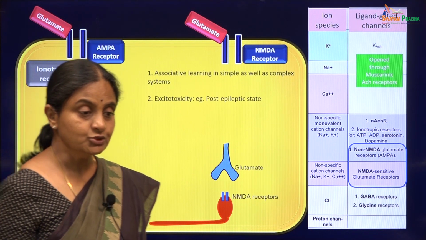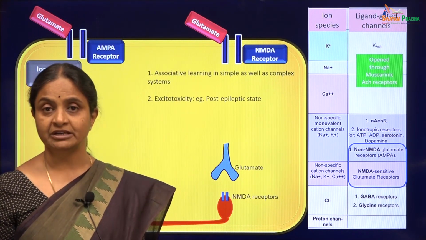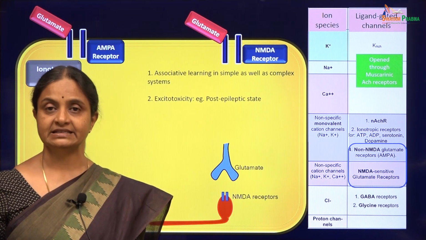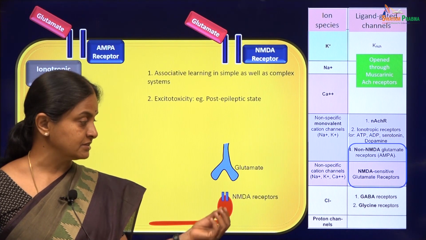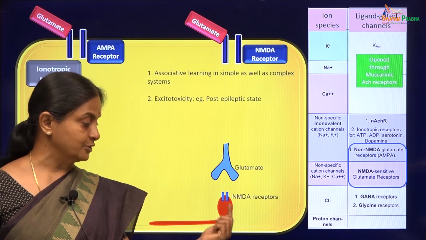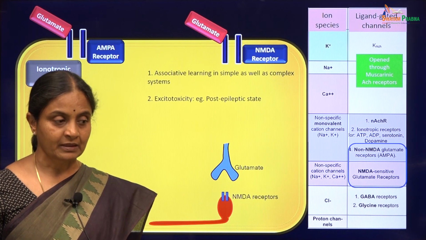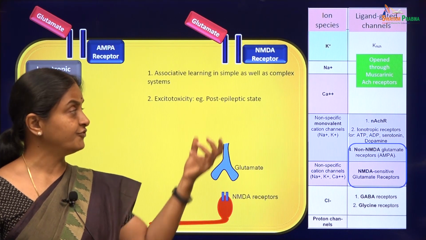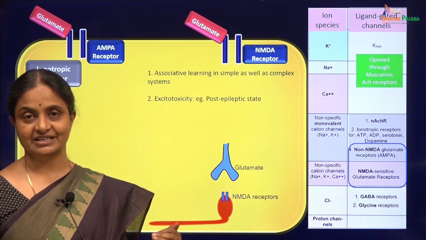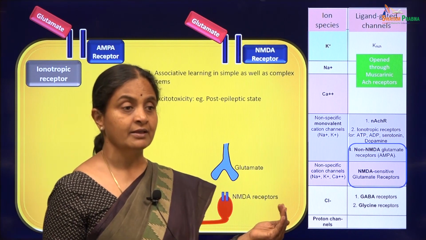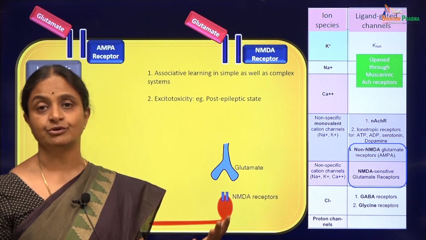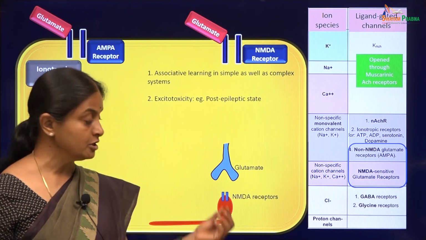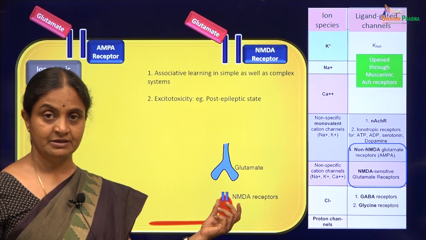NMDA receptors are also implicated in this important phenomenon called excitotoxicity. That is, if a neuron is repeatedly excited and if it has NMDA receptors, there would be calcium entry, and that will cause damage within the cell. These kinds of repeated excitations occur, for example, during epilepsy. In the post-epileptic state, there could be continuing neuronal injury, because of increased calcium within the postsynaptic neuron due to opening up of NMDA receptors.